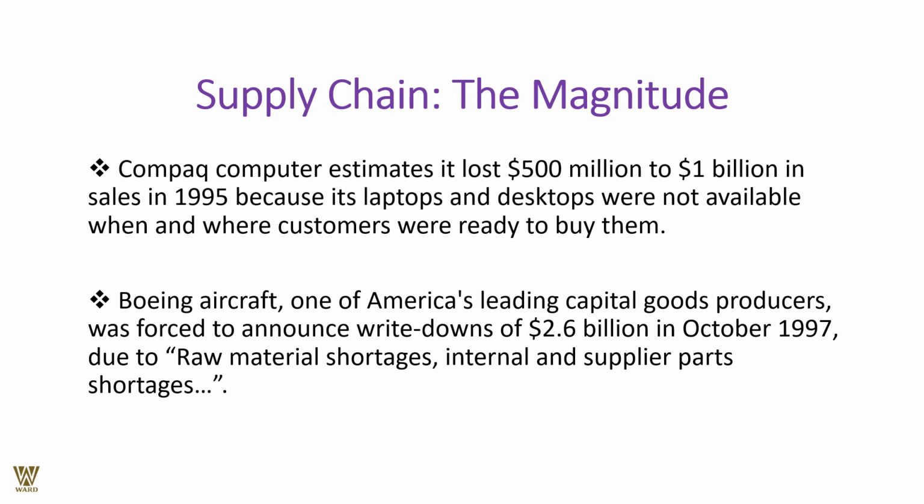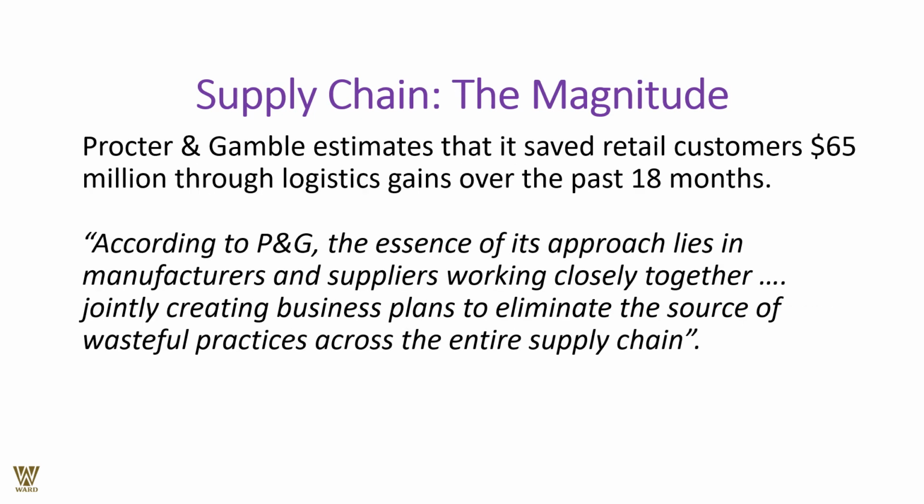And even recently, the automobile industry faced shortages of chips. The fuel injection chips were missing, and it affected the production capacity of major automobile makers across the world. This is the magnitude we are talking about.